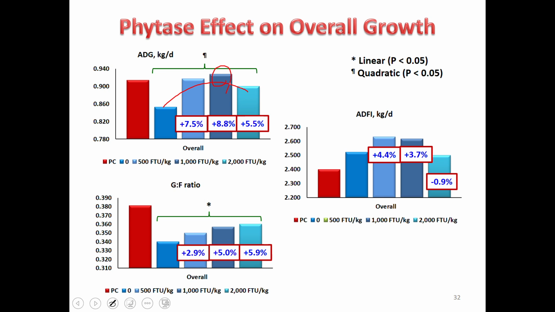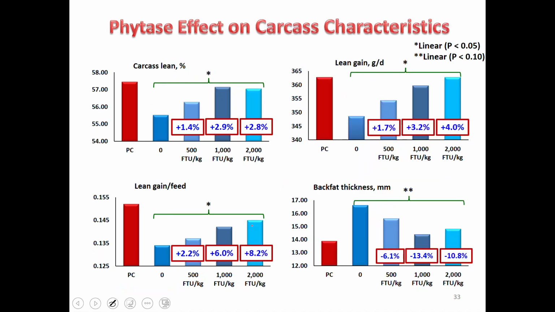And the feed intake also increased, but numerically, and gain to feed ratio, feed efficiency, increased linearly with increasing phytase supplementation level. And also for carcass characteristics, carcass lean percent increased linearly with increasing phytase supplementation level up to 2000 FTU, which is a super dose.